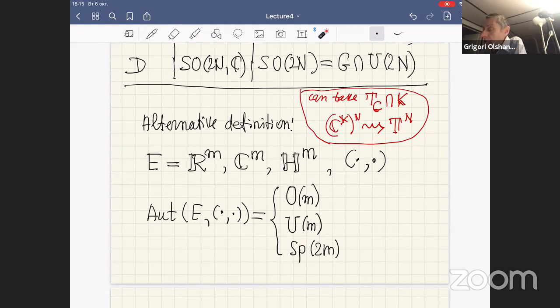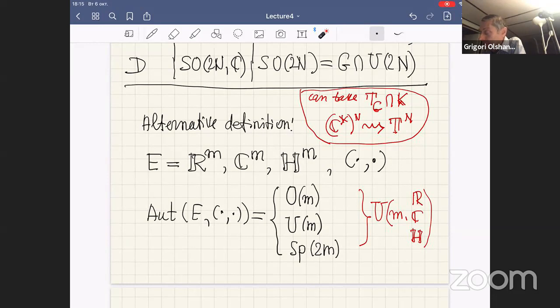Sometimes people even use the common notation U of m, and someone can say R, C, or H. So with this option, we get the orthogonal group, the unitary group, the symplectic group.